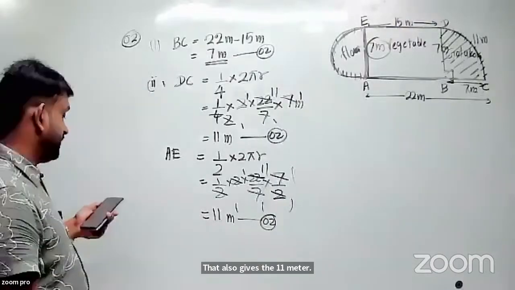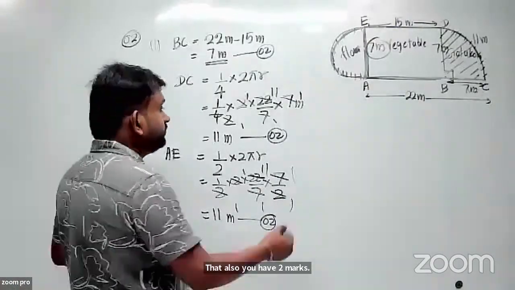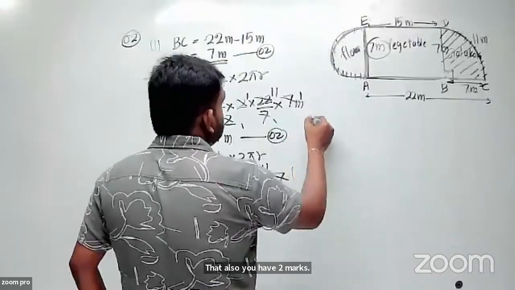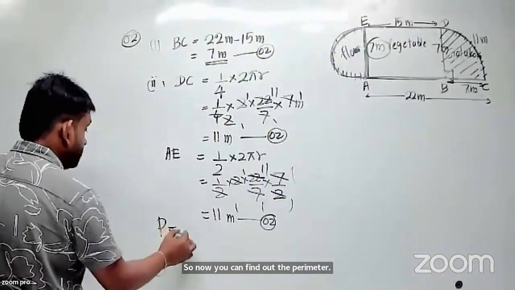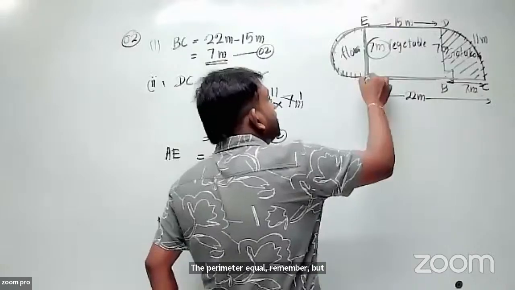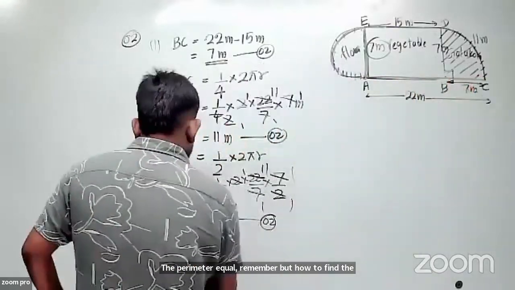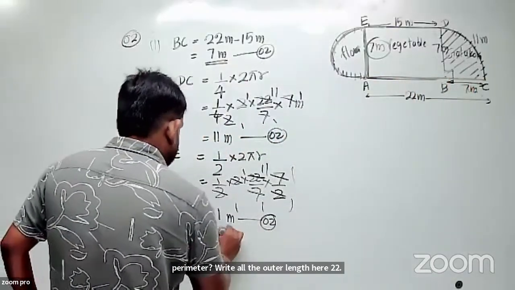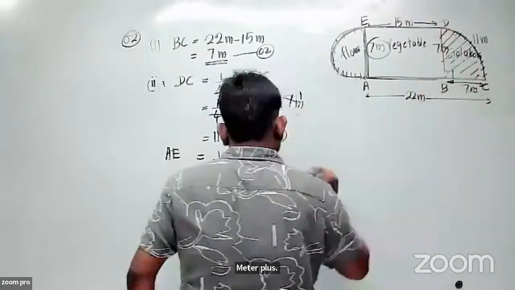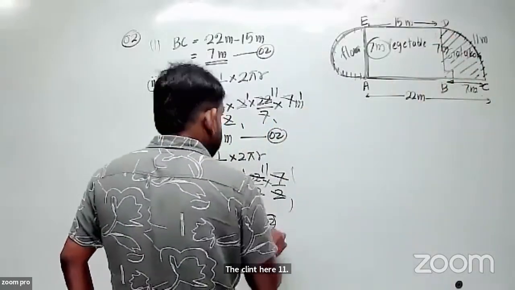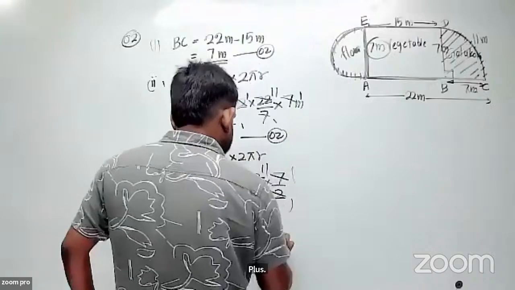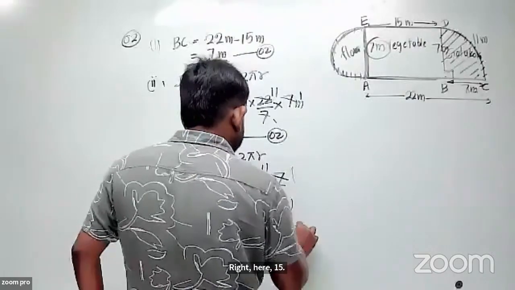So now you can find the perimeter. Remember how to find the perimeter. Write all the outer lengths: here 22 meters plus the arc length 11 plus here 15 plus here arc length 11.